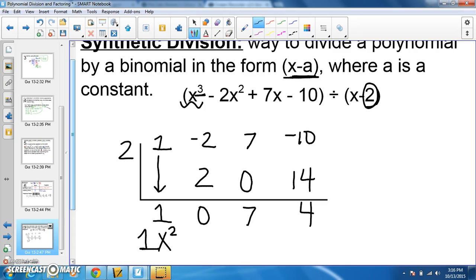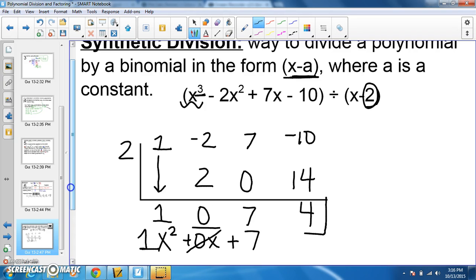Since there's a 0 in the second column, that means there's no x term. It could be plus 0x, which just means plus 0. So that does not exist. Then we have the constant term plus 7.